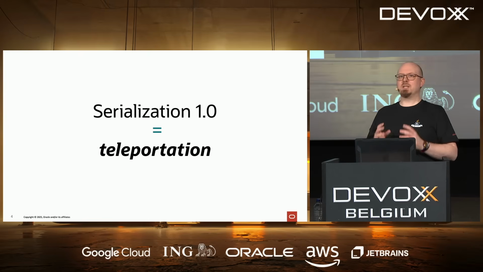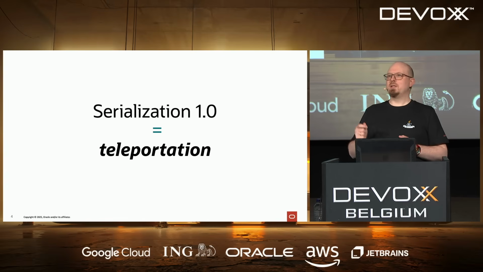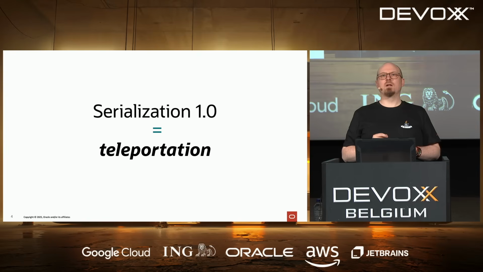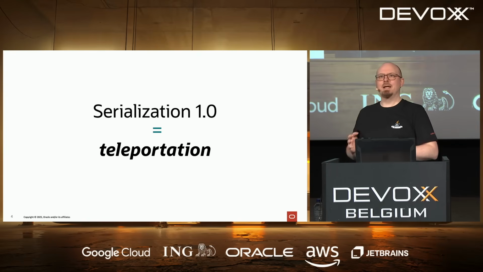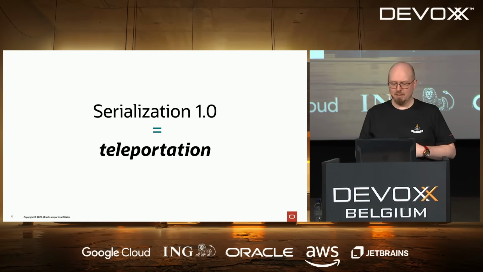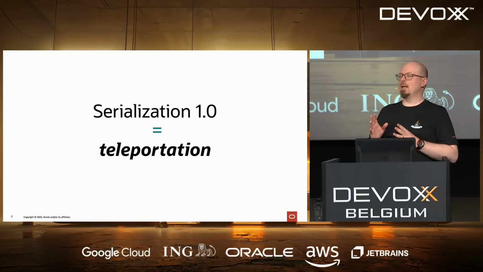Distributed objects was the thing, the hype at the time. And it was really about creating something where you could take your object and you could send it to some other JVM somewhere else and have it retain its structure, its identity, and all of the good things about the object. Turns out, though, that teleporting things is really difficult.